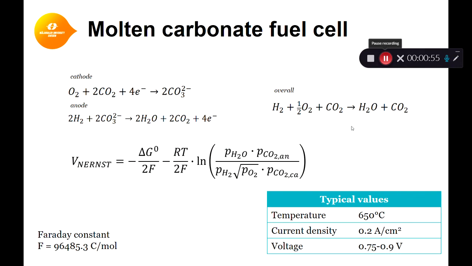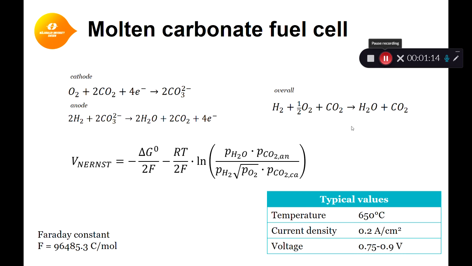Among the high-temperature fuel cells that we have introduced, there is molten carbonate fuel cell. The fundamental equation to model fuel cell performance is the Nernst equation. To write the equation for the Nernst potential, we have to look at the electrochemical reactions that take place in the cell.